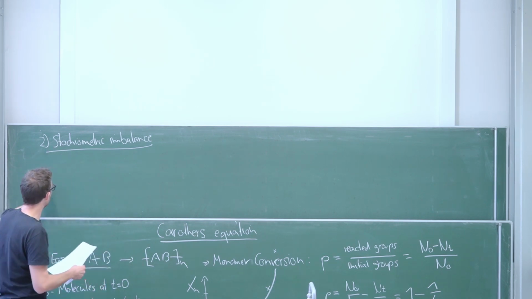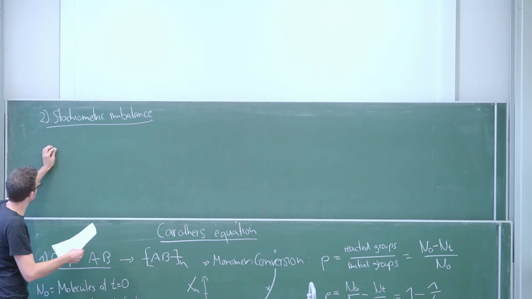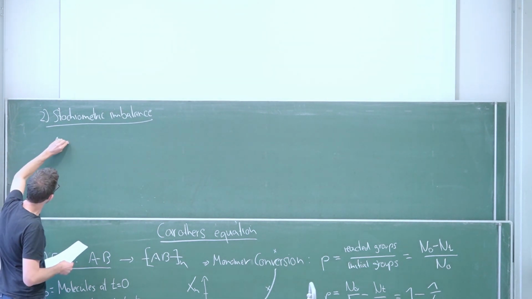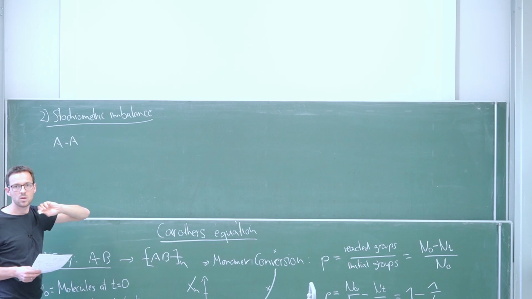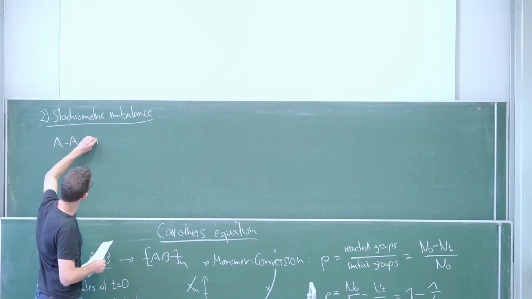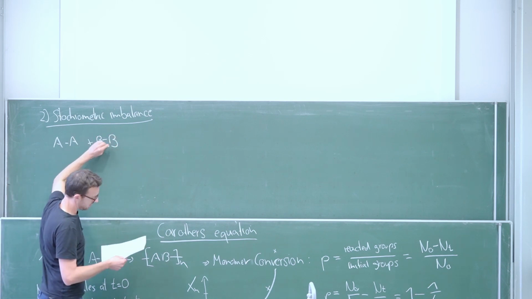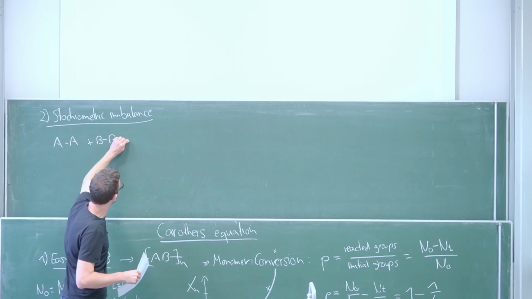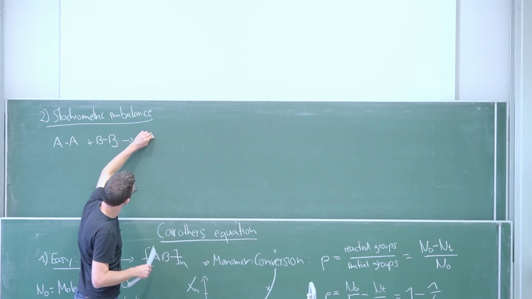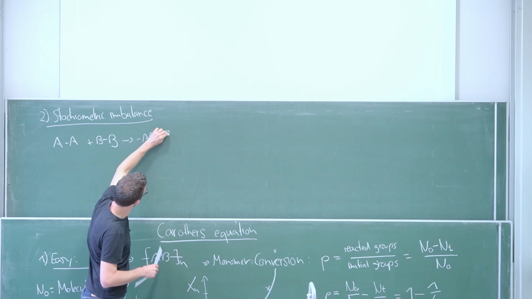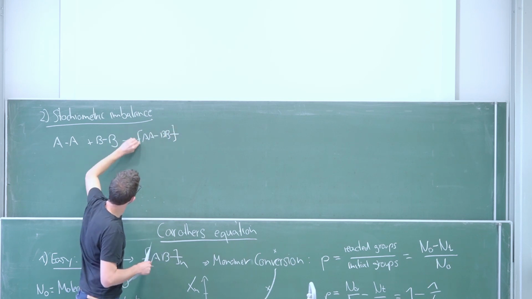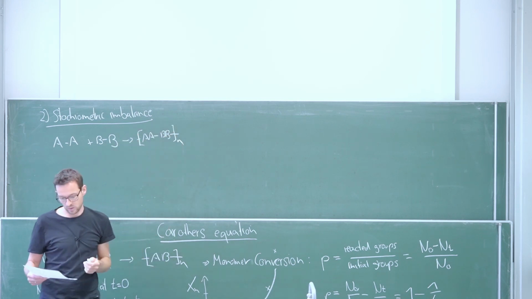So let's see if we have a stoichiometric imbalance. And what we consider is the following reaction. We let an AA monomer react with a BB. And this, of course, will then form a polymer composed of the two materials.